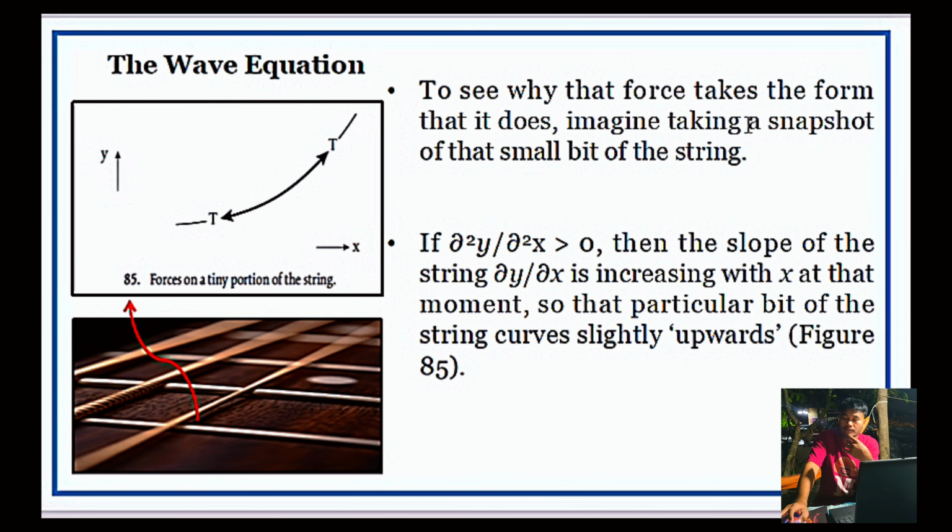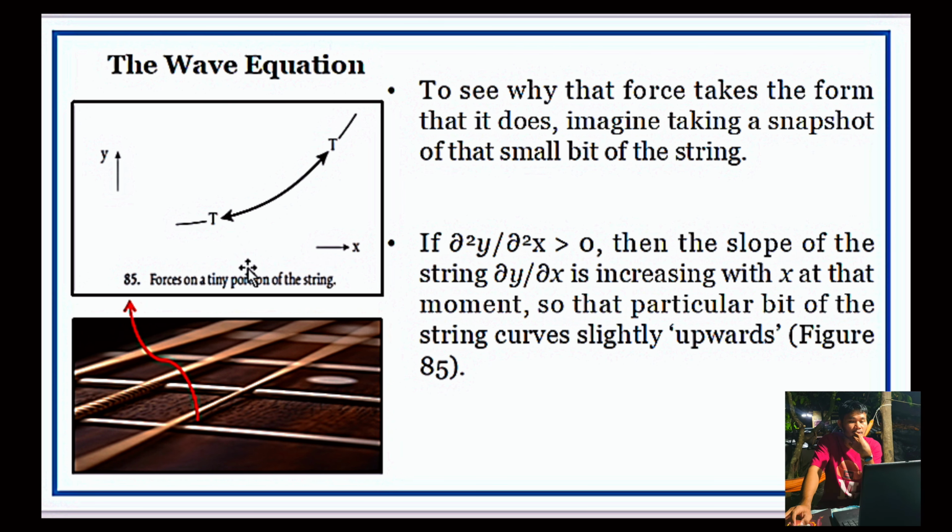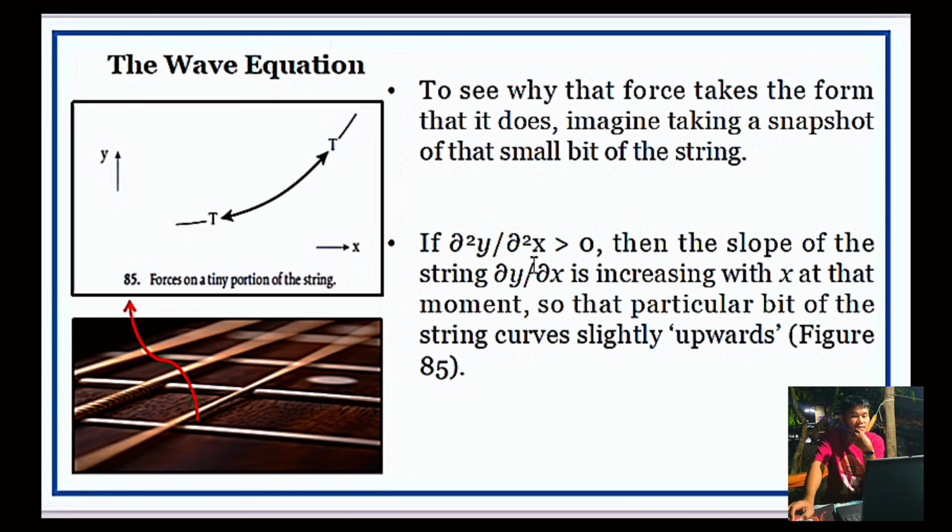To see why that force takes the form that it does, imagine taking a snapshot of that small bit of string. If we zoom in, if the second partial derivative of y with respect to x is greater than 0, then the slope of the string is increasing with x at the moment.